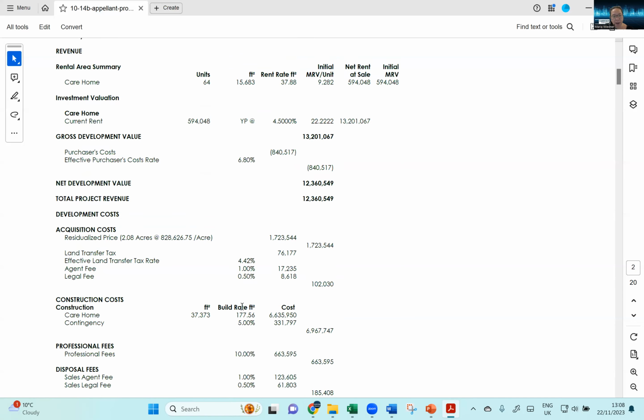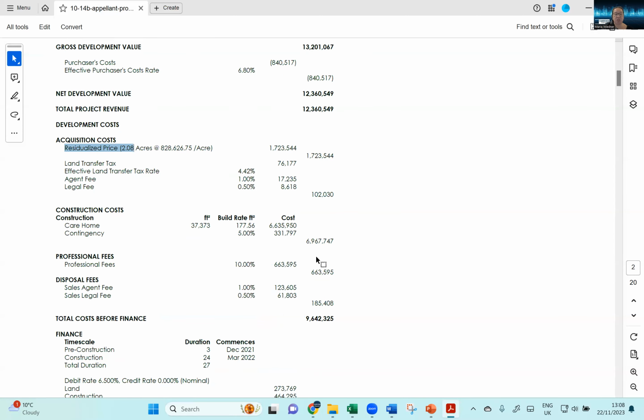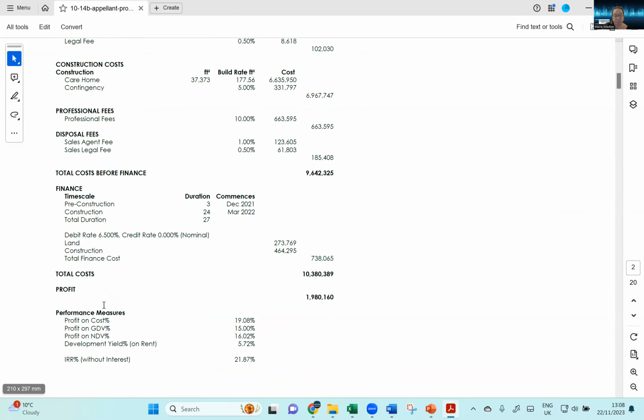So therefore, how much is the land value? That's the idea of the land acquisition cost, which they put here as the residualized price. So that's the residual. It's not that there is a value already there, like a bidding price, but rather a residualized price on the land, based on the target performance here.